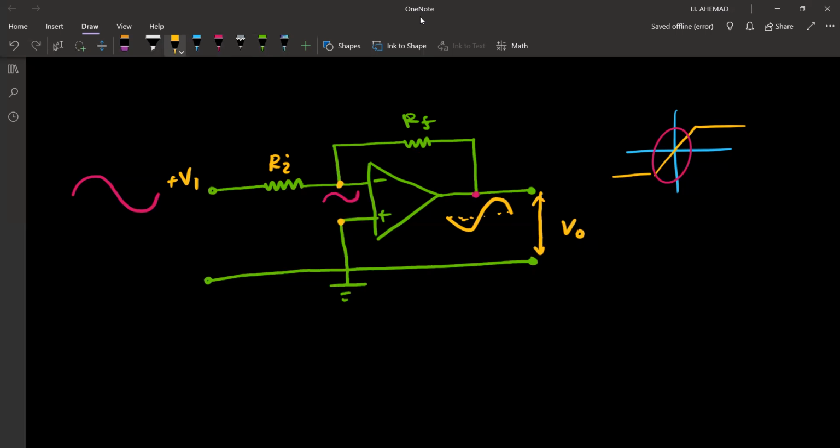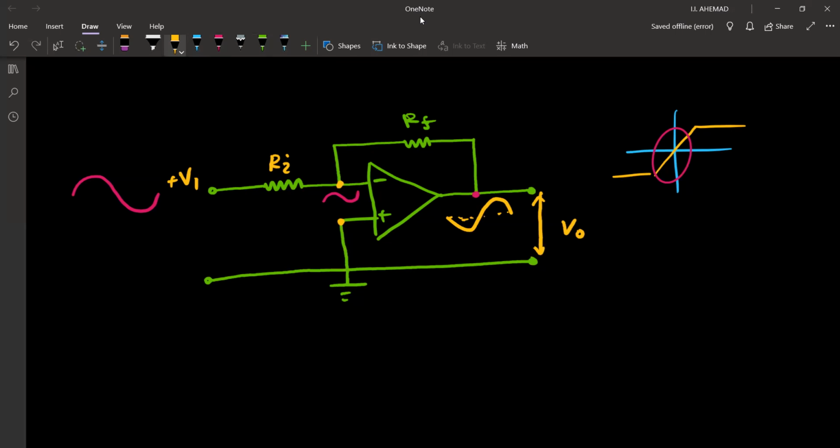Now, again, I'll repeat the sequence. First, we provide a signal. When it is passing this resistor, potential drops. Therefore, this signal turns into a signal something like this. Still, it is large enough to saturate, because to saturate, we only needed 150 microvolt.